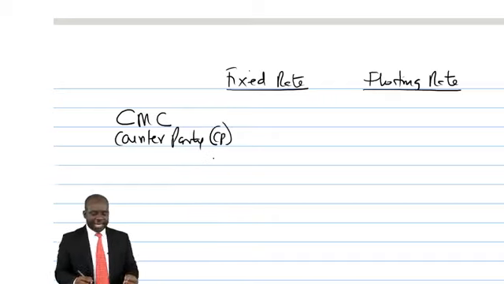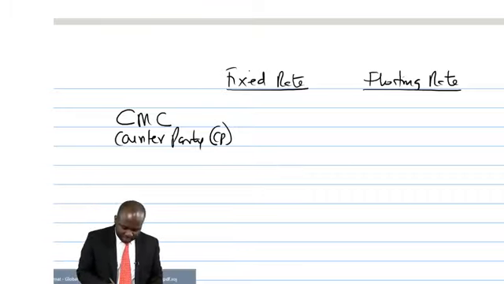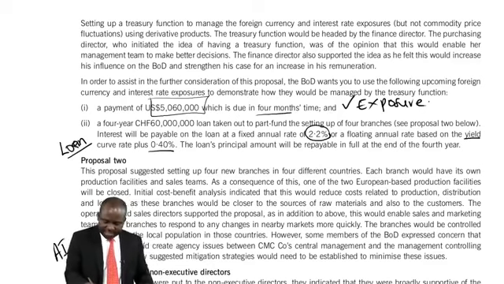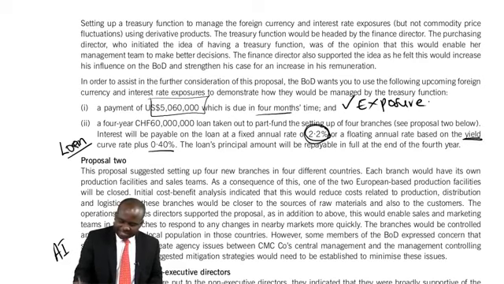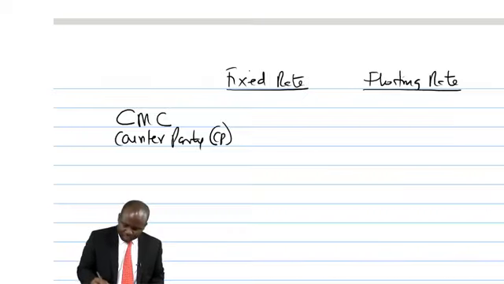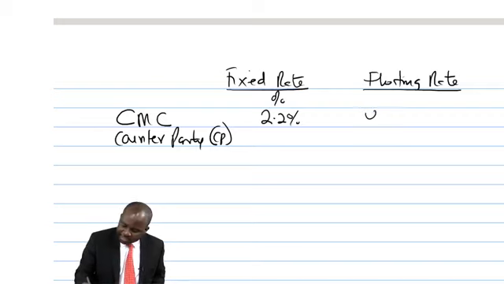Okay, what is the fixed rate for CMC? When you go to the question, CMC fixed rate is 2.4. Variable rate is the yield plus 0.4. So I will say this is 2.2, all percentages anyway. And then this is yield plus 0.4%.